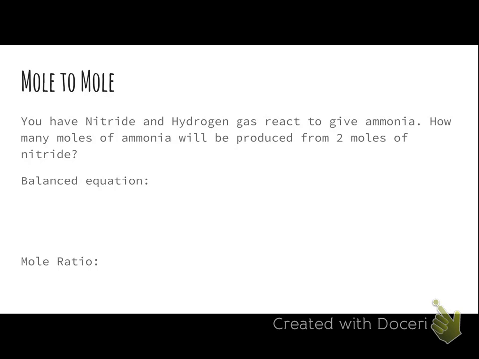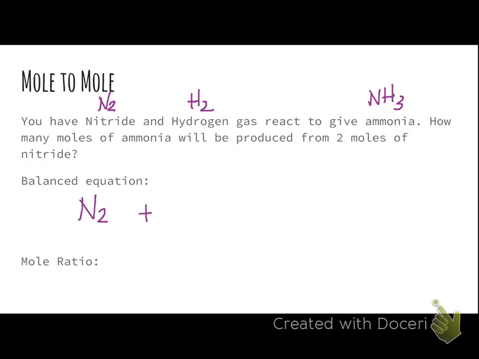So now we have to remember what all these things are. We have to write an equation first. So remember that nitrogen is going to be N2. Hydrogen gas is H2. And then you don't know this, but ammonia is NH3.